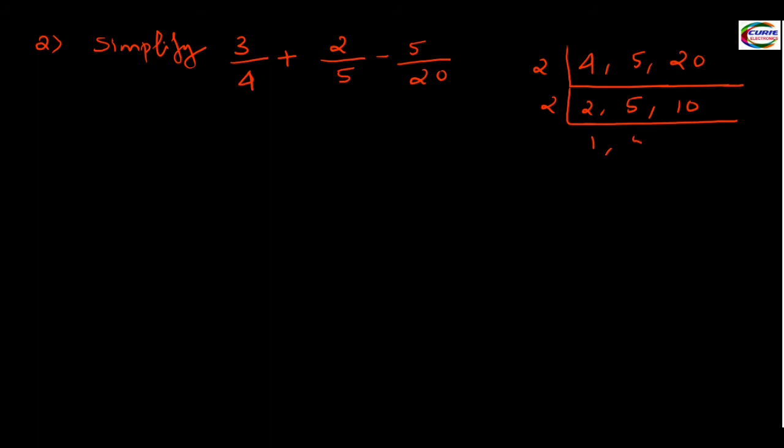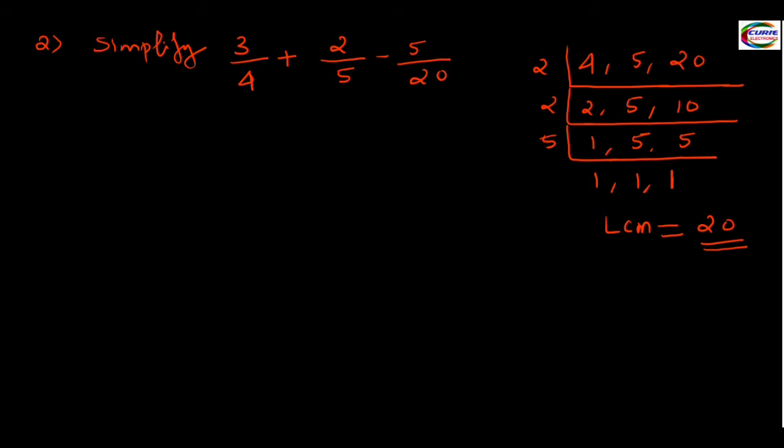Once 5 I can't divide, so I'll write it like that, 5. Again I will divide by 5, so 1, 1. Now what is the LCM? 2 2s are 4, 4 5s are 20. So 20 is the LCM.